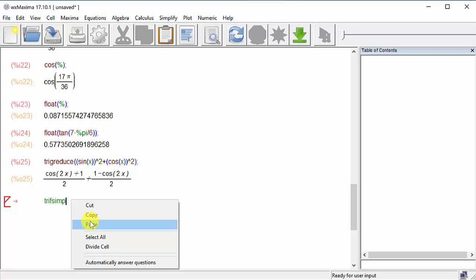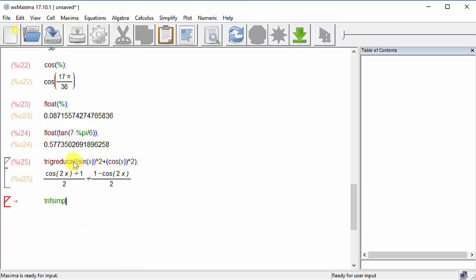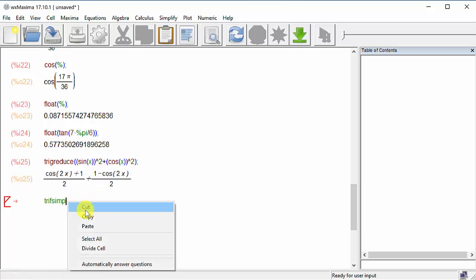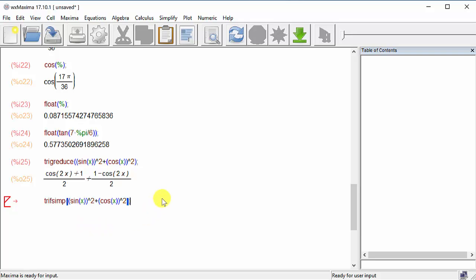Let's do copy, and then come here and hit paste. There we go. So we just copied and pasted it. And then shift enter. Oh, I misspelled trig, didn't I? Trig, and then shift enter, and it gives me 1.